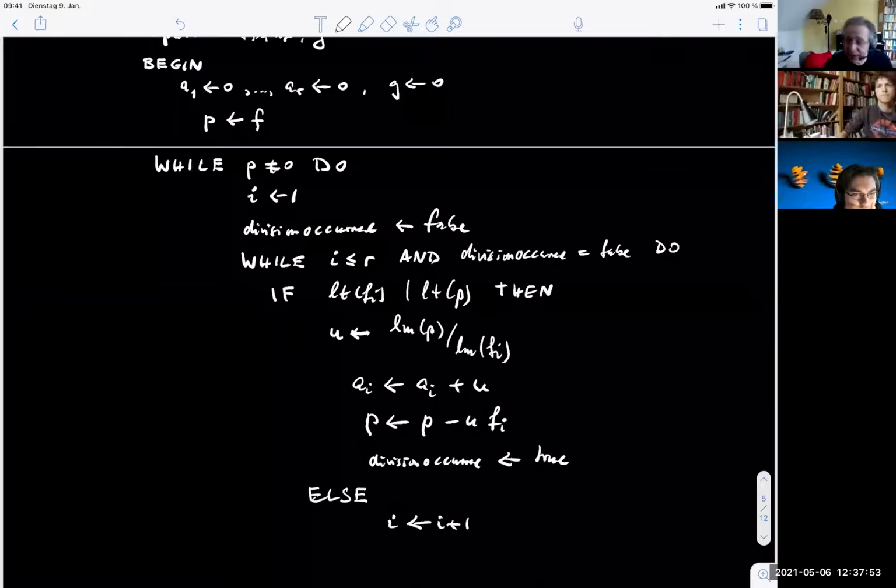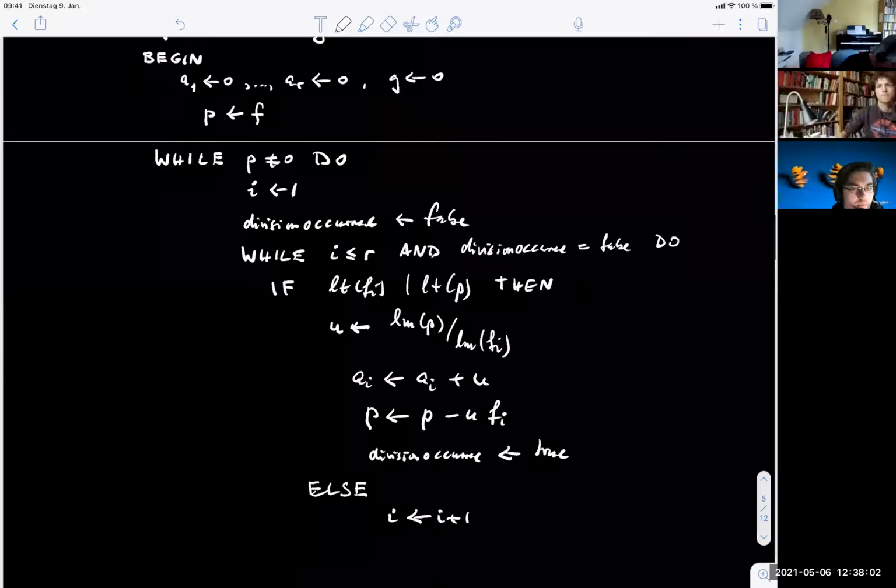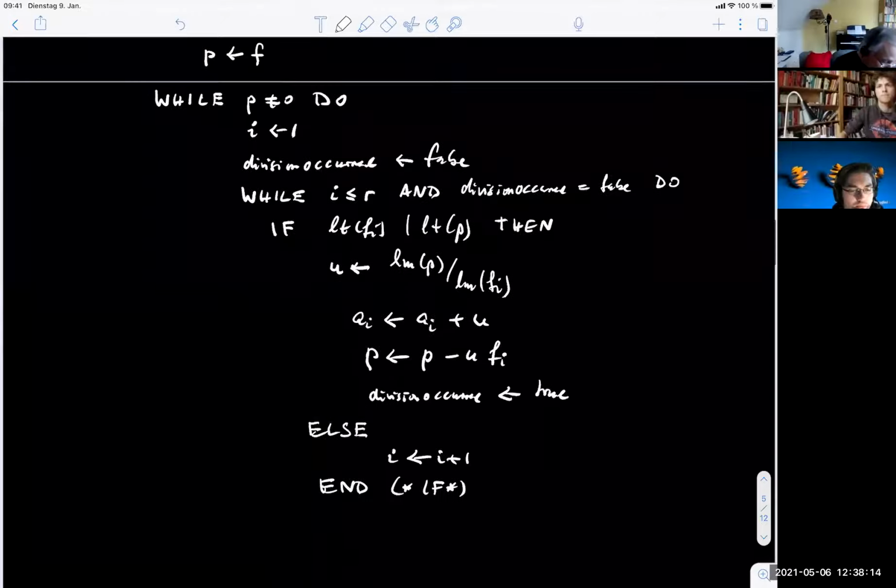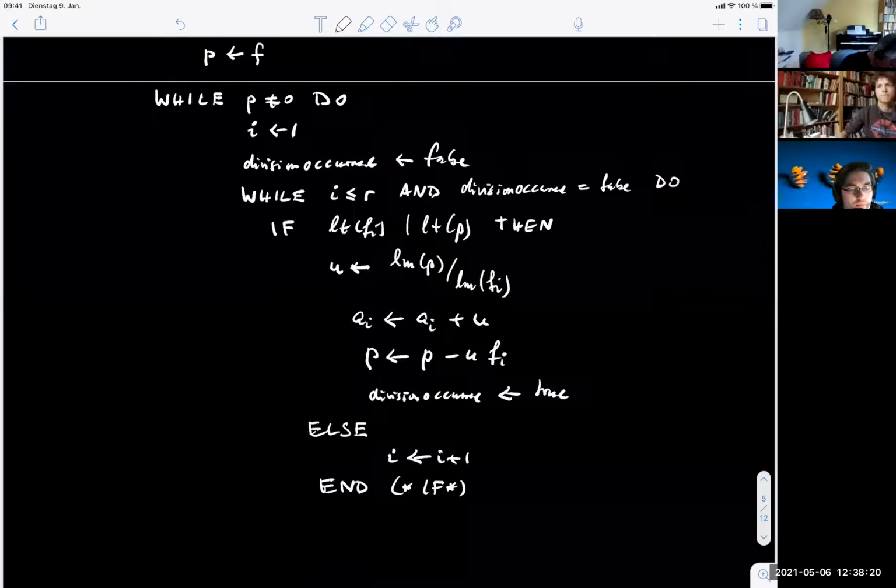I started with i equals 1, it did not succeed, so I try with i equals 2, etc. So this is the end of the if. Maybe I write stars, a comment, just to make clear the logical structure of this program. This was the end of the if, and then there is the end of the while.